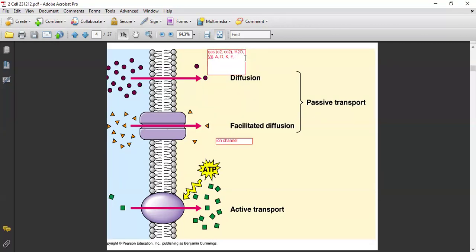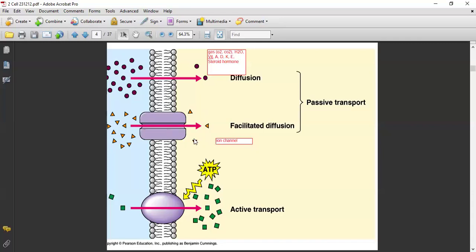And lipid soluble stuff. The very common one will be steroid hormone. Yeah. So those are the molecules that can freely diffuse across.